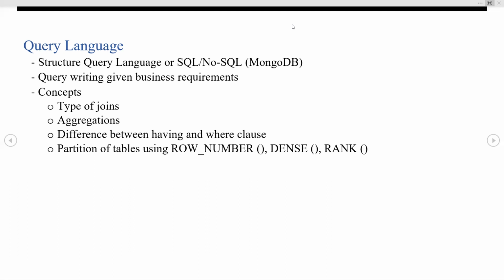Whenever you have to partition tables, you can do it very easily with functions like row number, dense rank, and rank. So you should know about these functions too. Whenever there are questions like fetching the top n records based on some criteria, you can do that very easily if you know these functions.